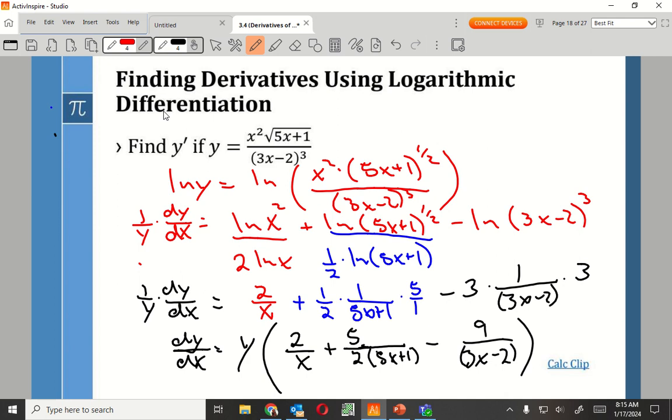I don't want y in my answer. Do I know what y is equal to? The original problem, right? Y is equal to the original problem, isn't it? So this is y times all of this. All I have to do is replace.